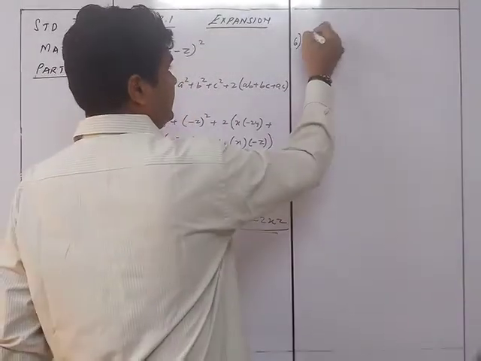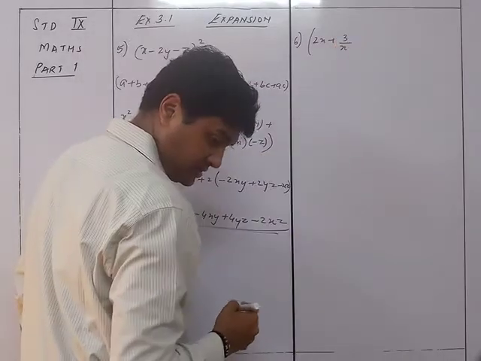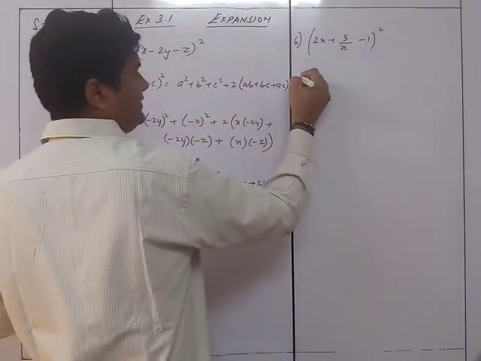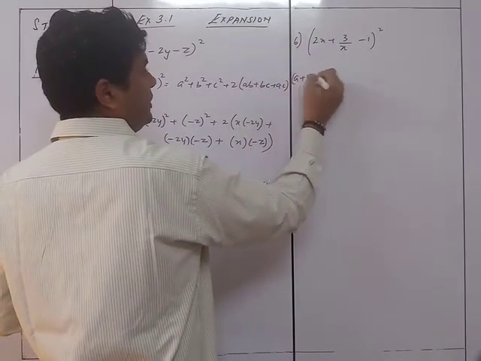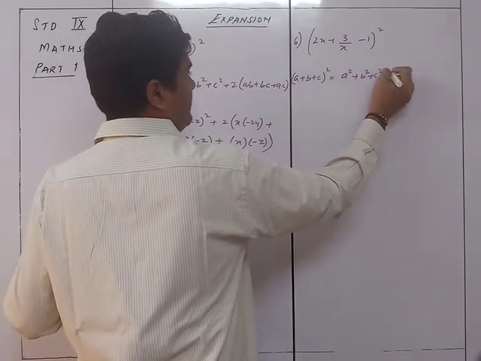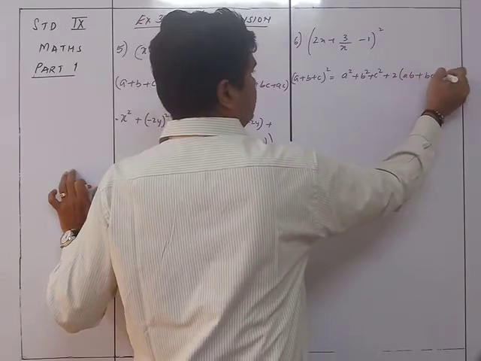Sum number 6 is (2x + 3/x − 1) the whole square. Again the formula will remain the same: (a + b + c) the whole square equals a square plus b square plus c square plus 2(ab + bc + ac).